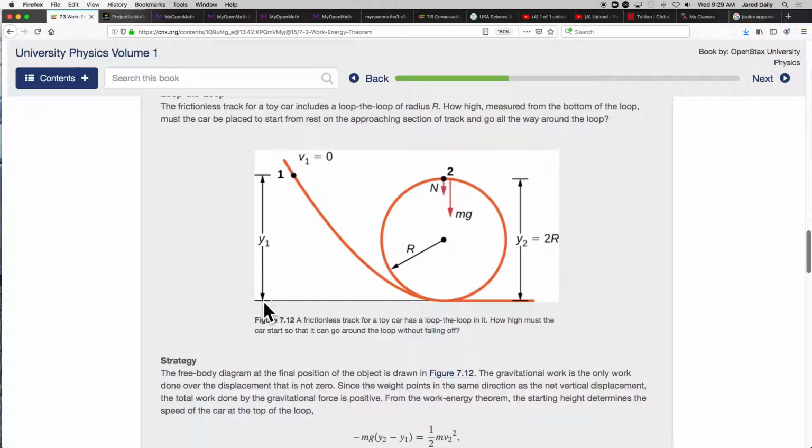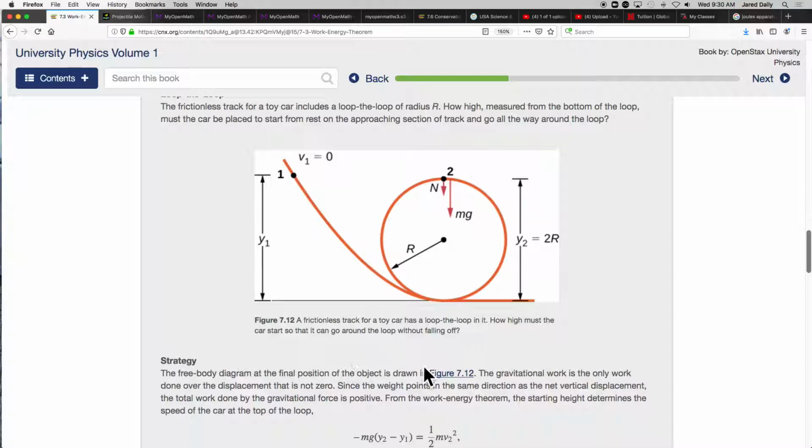So we'll just call the bottom here 0, and we'll call the top y1. So y1 is one of our heights here at point 1. And then we have y2, which is twice the radius of the circle, at the top of the circle.